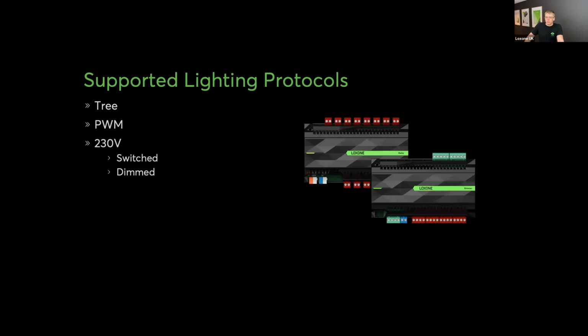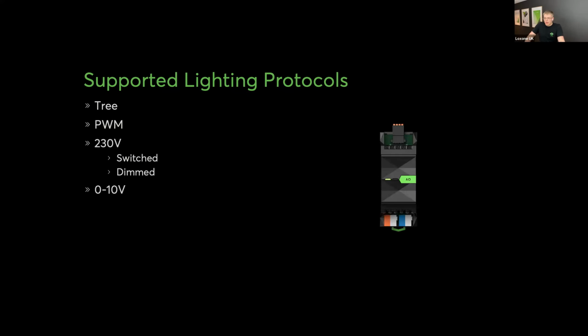So let's move on to 230 volts. Of course, we know that Loxone can control 230-volt lighting, whether that's switched through a relay on the Miniserver, relay extension, or we could look at potentially one of the retrofit options, the Nano IO or the Nano Dimmer. And of course, we've got the mains dimmer extension as well. Now we've also got 0 to 10-volt dimming.